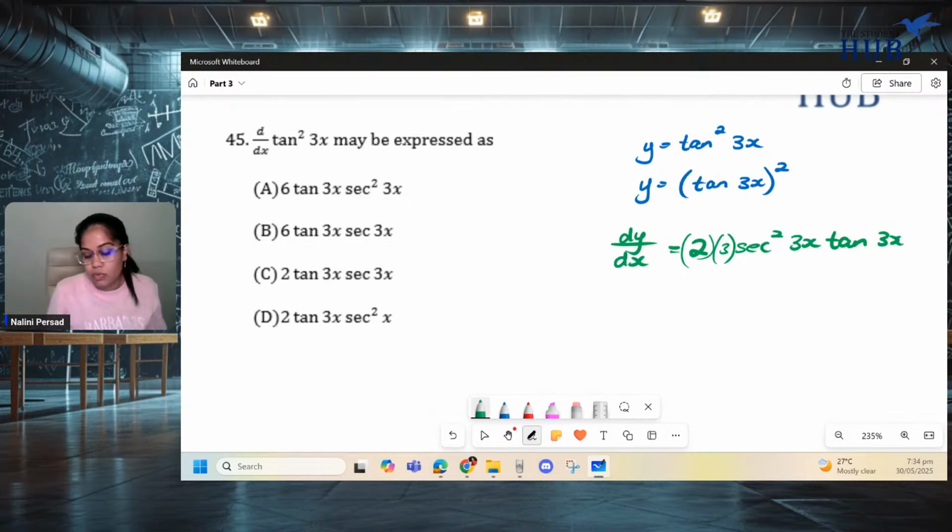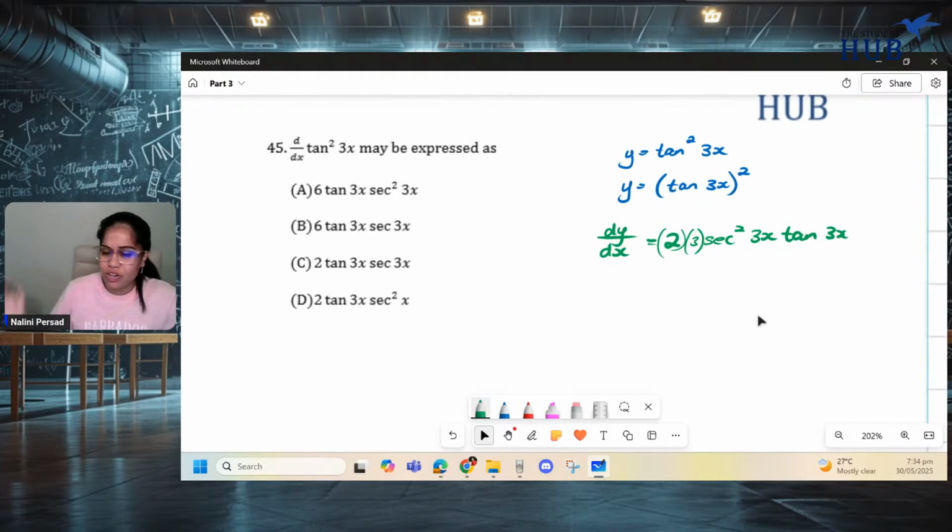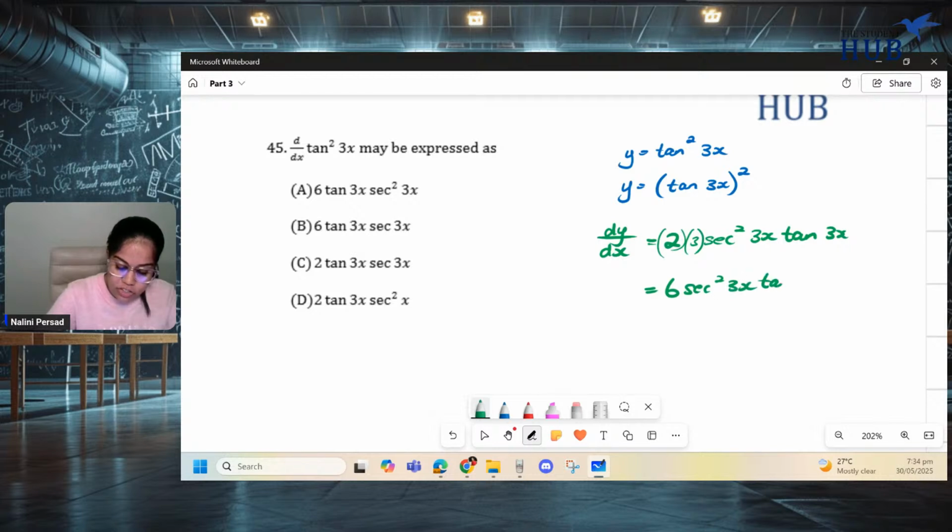So 2 minus 1 is 1. So I hope everybody's good there. So you don't have to use the long chain rule. This is the shortened form of the chain rule. 2 by 3 is 6. Sec squared 3x tan 3x. They put the tan first. So 6 tan 3x sec squared 3x.